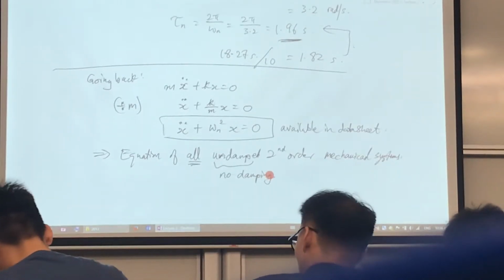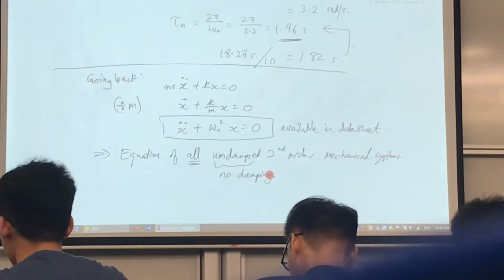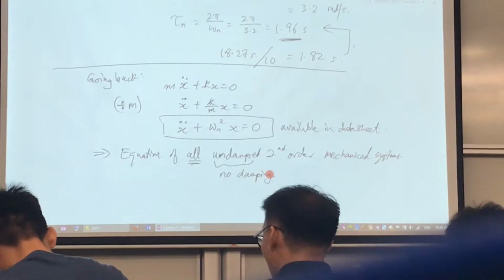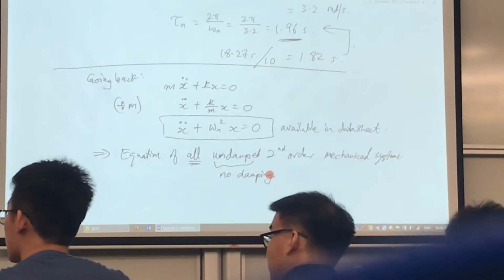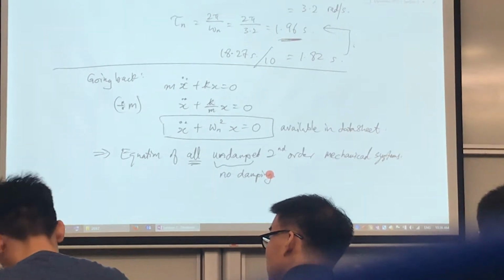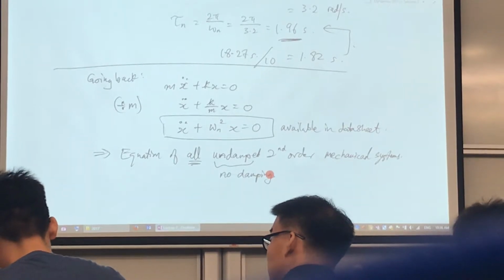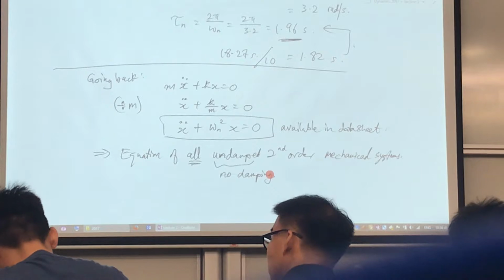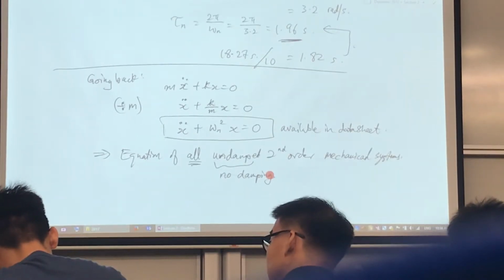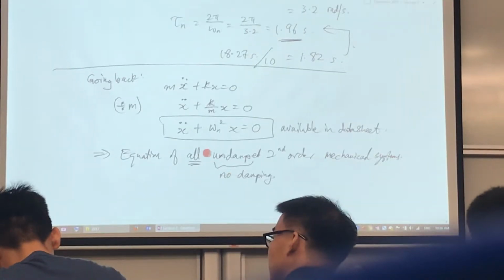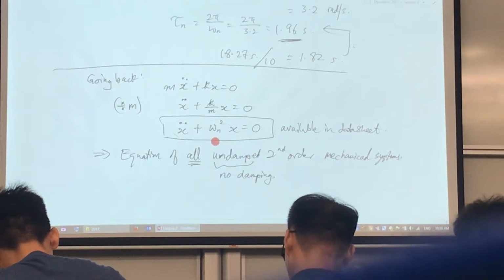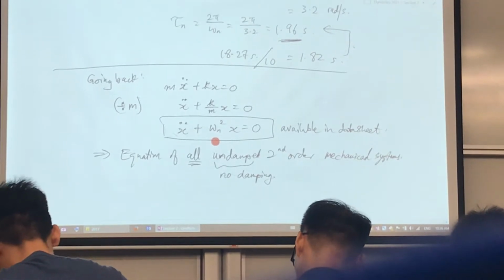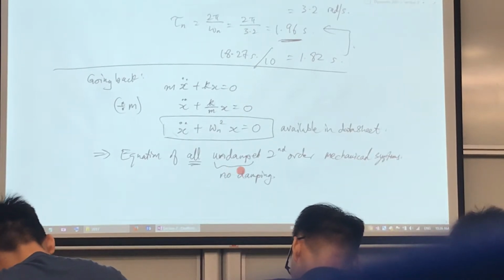That's to say, if I were to oscillate things, let's say, for example, this microphone over here, if I oscillate it up and down, and it continues to oscillate, this is the case. The equation for that is written over here, for mechanical systems that oscillate without any damping.